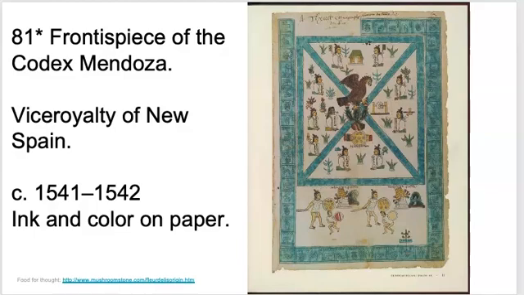was a way to teach the king of Spain about the Aztec culture. So inside of this book, there are many little diagrams about the Aztec culture.